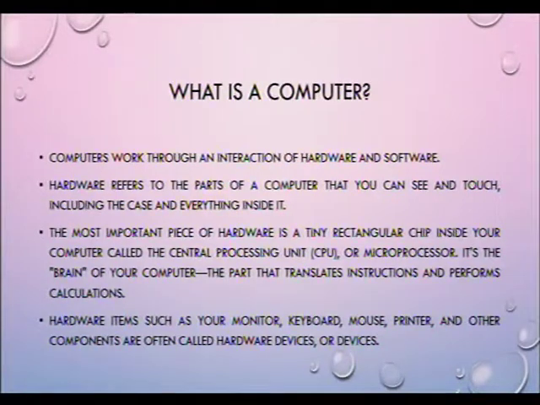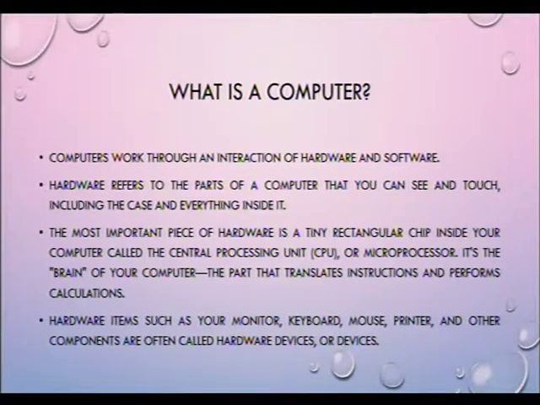Now looking at things like a monitor, a keyboard, a mouse, a printer, and other components, these are often called hardware devices. If you need to understand the CPU, the central processing unit, or microprocessor, this is like the brain of a computer.